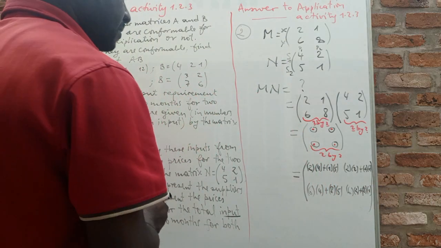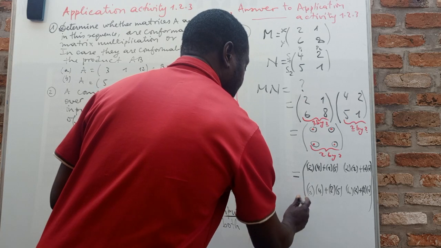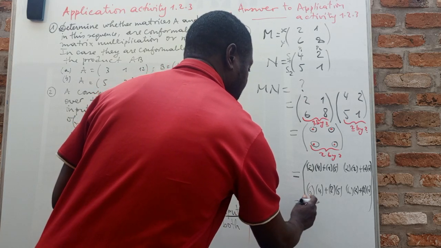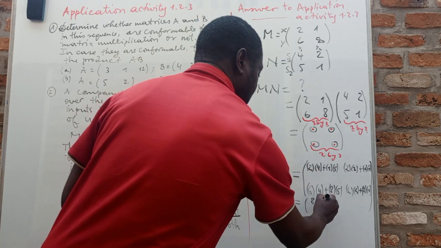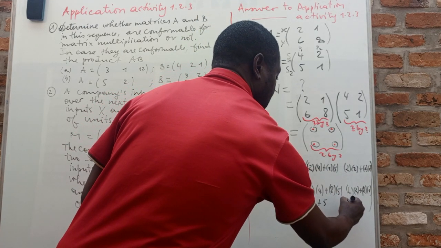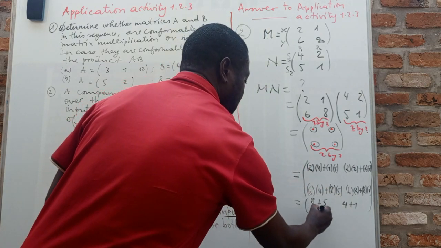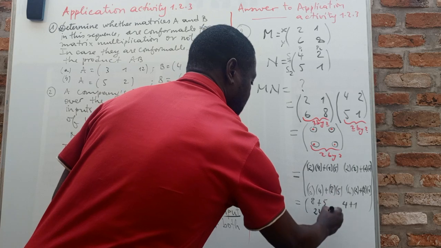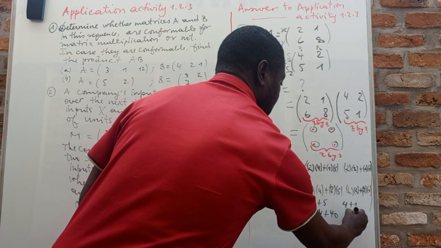Now the results. This will be 8 plus 5, this will be 4 plus 1, this will be 24 plus 40, and this will be 12 plus 8.